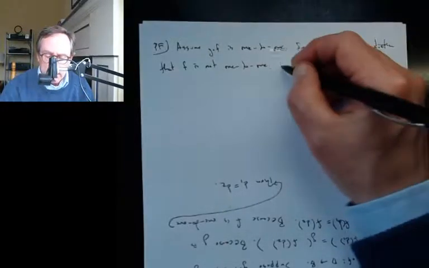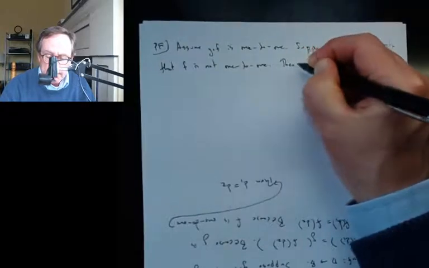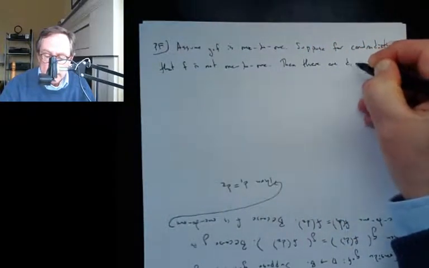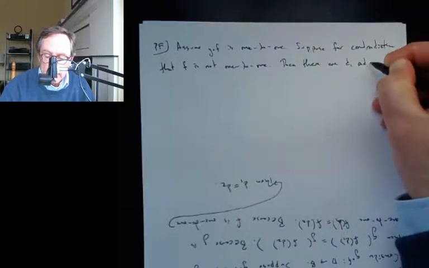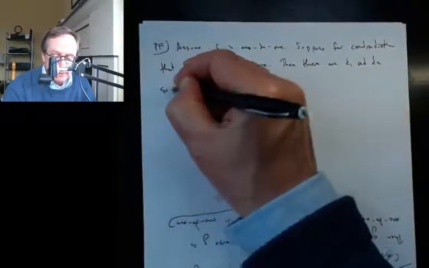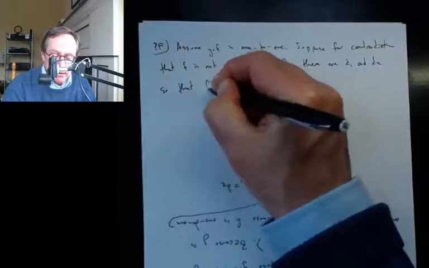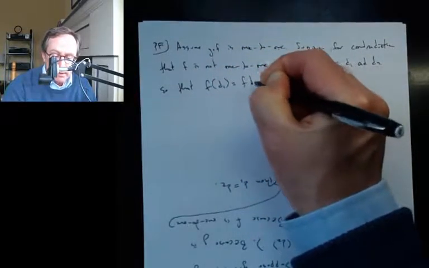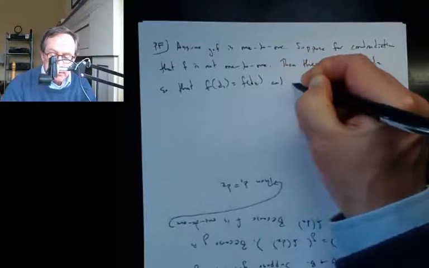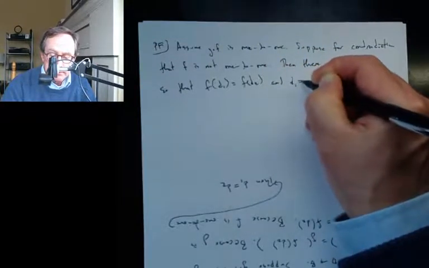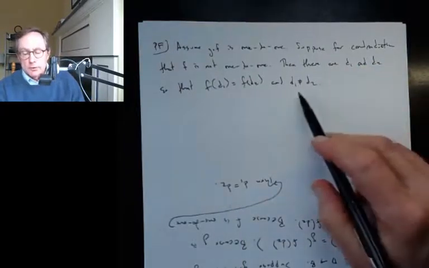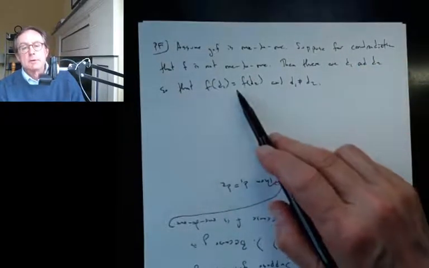F is not one-to-one. Then there are a d1 and d2 so that F of d1 equals F of d2, and d1 is not equal to d2. That's what it means to be not one-to-one: there are two inputs that go to the same output.